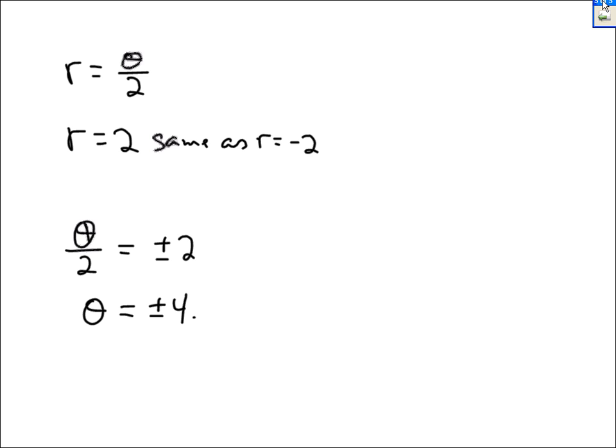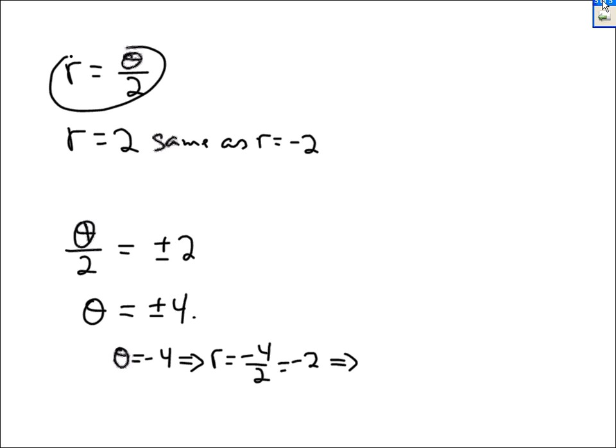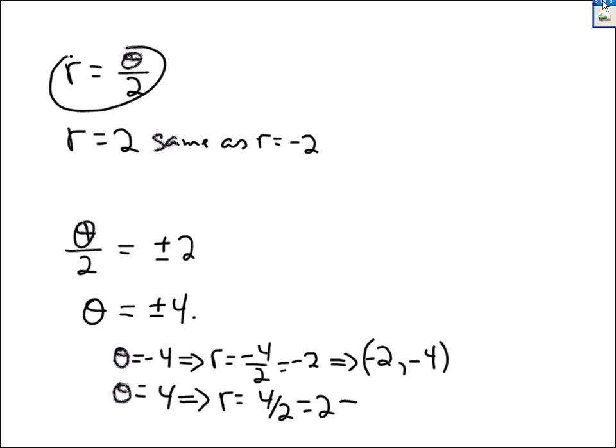Well, let's use the top one. When theta is negative 4, that implies r is negative 4 over 2, which is negative 2. And when theta is 4, that implies r is theta over 2, which is 2. So we know what r is, we know what theta is. These are two points of intersection.